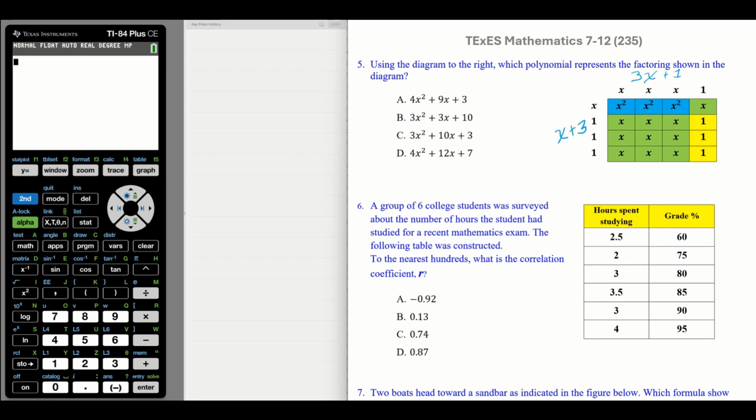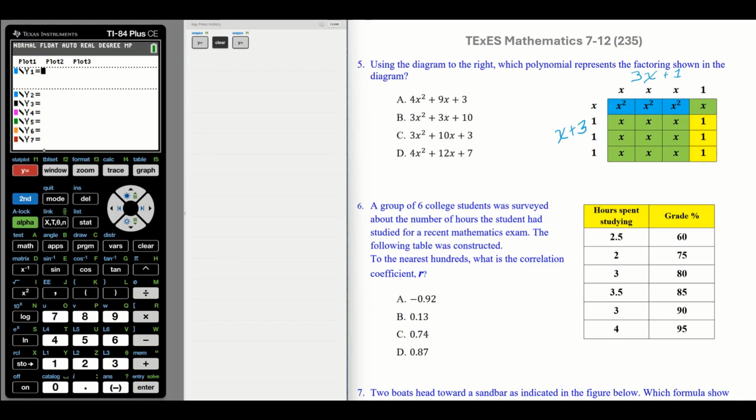Okay, we can FOIL those real quick and see what they are, or we can do a double check in our calculator. Let me show you how to do that. If the numbers are larger, you can just match it up. Let's see what happens. Okay, let's clear out. Notice I went to y equals. Clear out the first one.